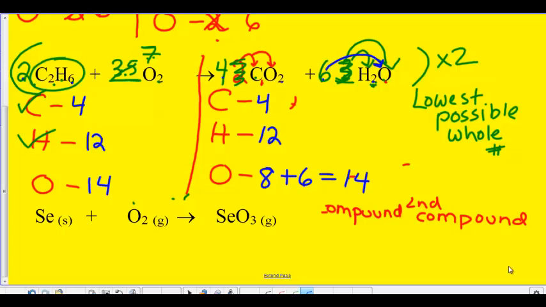And you can see by doubling everybody, remember you got to double everybody. This is a 7, this is a 2, this is a 4, this is a 6. You still remain balanced, and now your coefficients are lowest possible whole numbers.